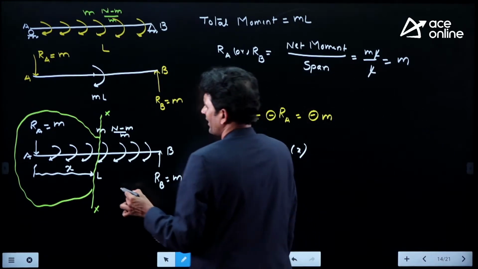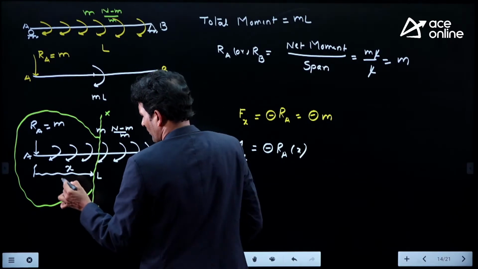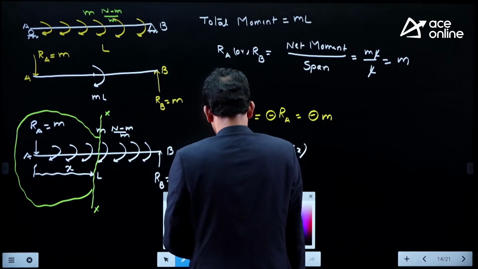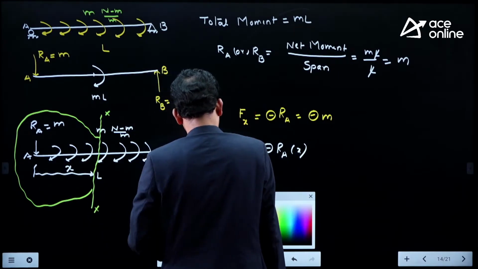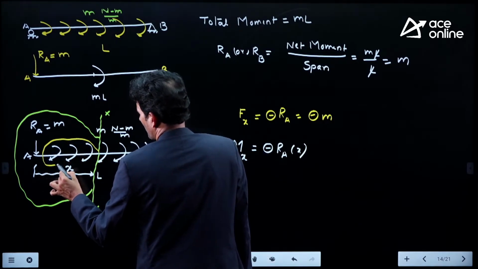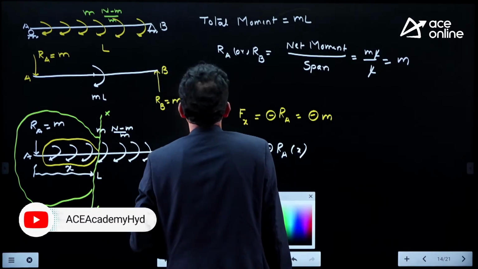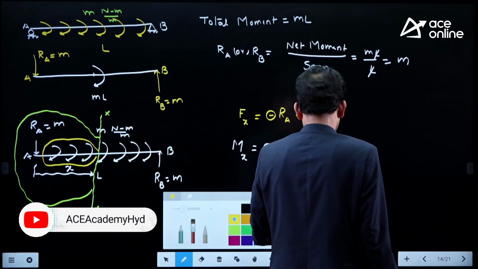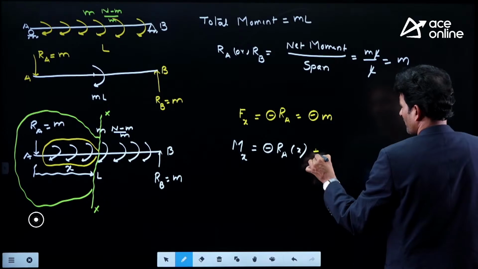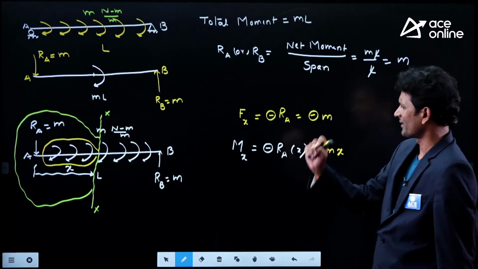Over a length of L, the rate of moment is M, but our requirement is only this part, my dear friend. Try to observe the applied moment over this part. When I convert this, M into x, M into x is that one. So it is taking clockwise rotation, plus Mx.